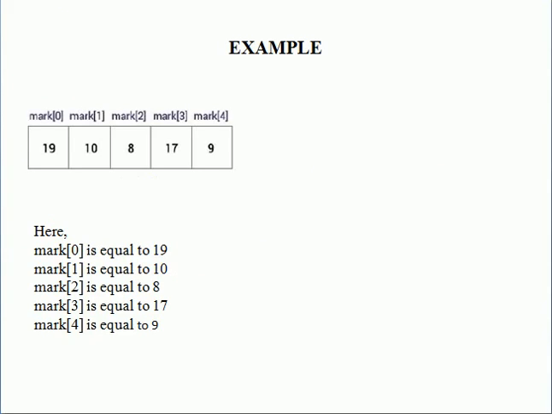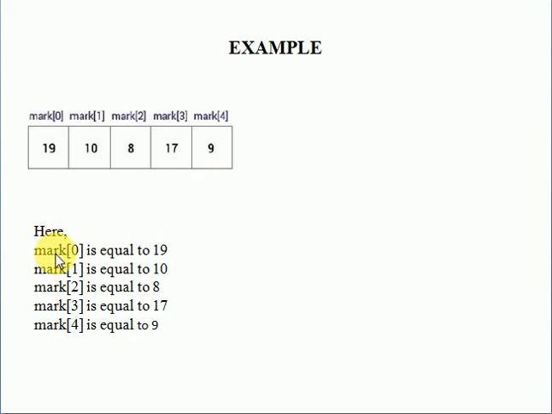From the given example, the first array element contains the first value, the second contains the second value, the third, and obviously the fourth and fifth. Like always, the array starts from index 0, and the last index will be n minus 1.